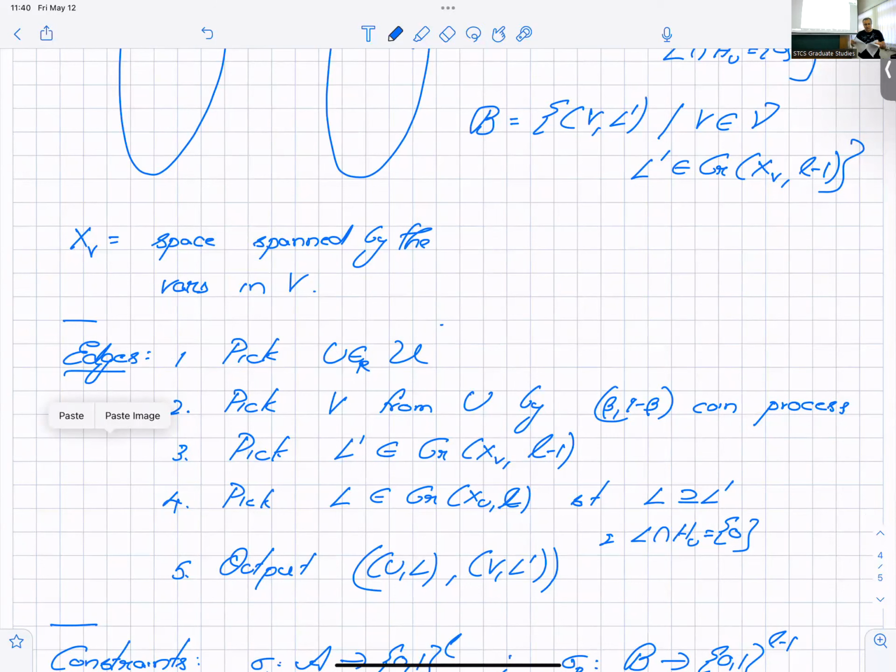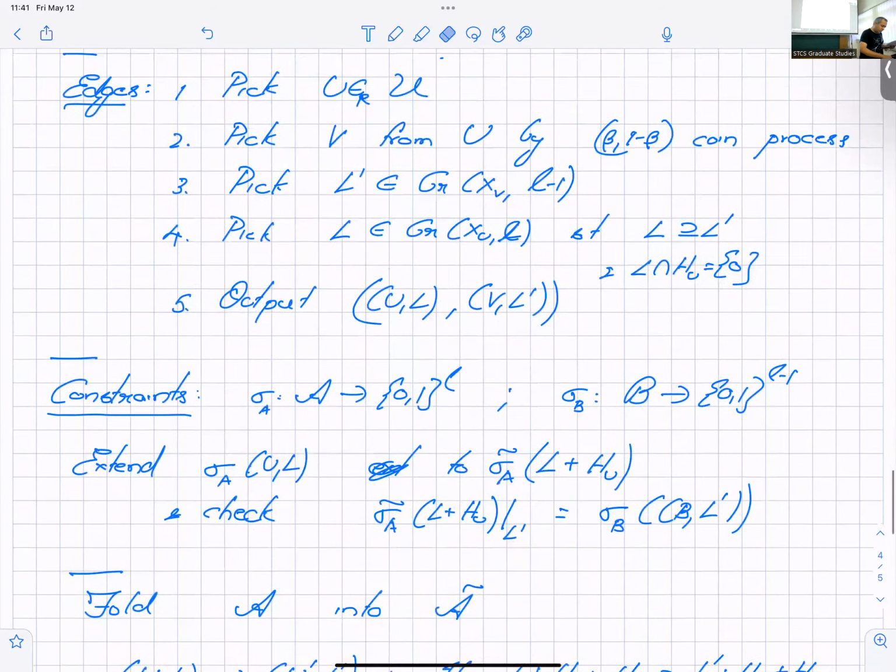Covering property is an important thing that keeps coming up in the PCP construction. We didn't do covering in any of the reductions that we did, but let me tell you what covering is.